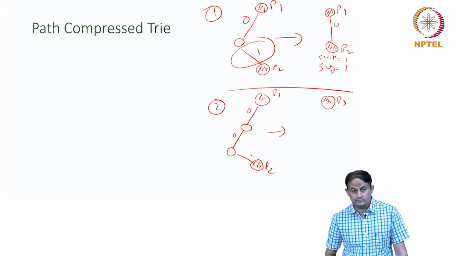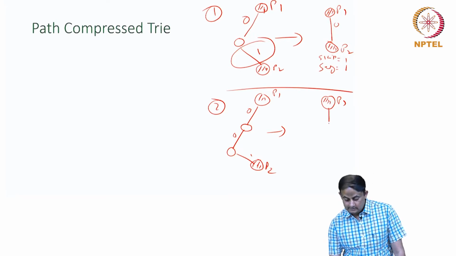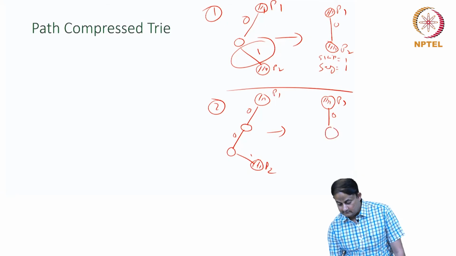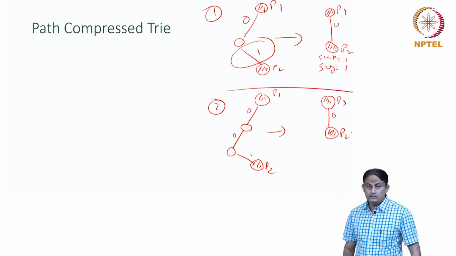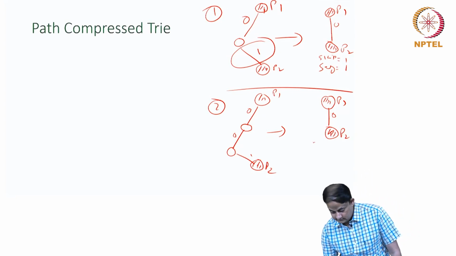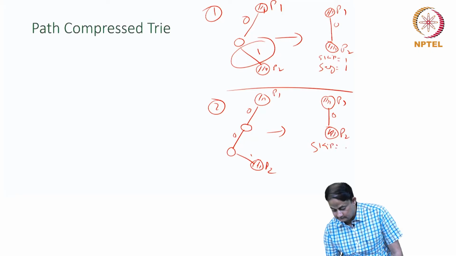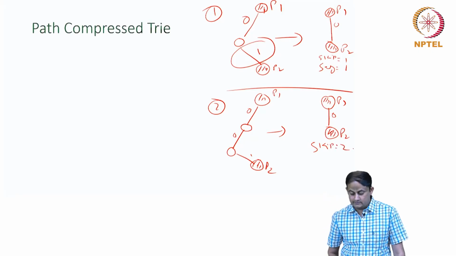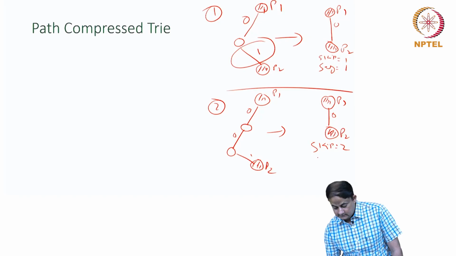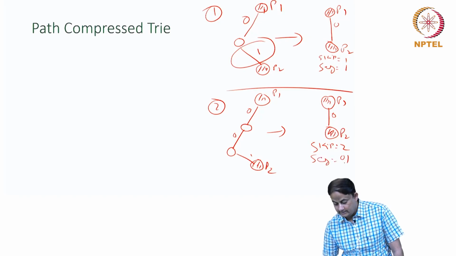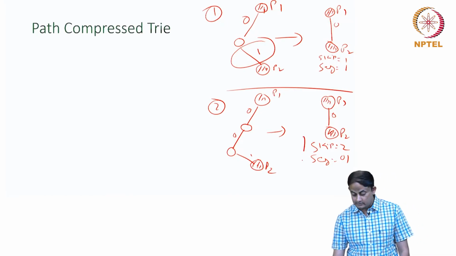This is my prefix P1, and then I retain this node and make this node represent P2, and here again I keep the variable values. What is that? The skip length here is 2, I skipped 2 bits, and the segment that I skipped is 0 followed by 1. So, I am going to remember this.